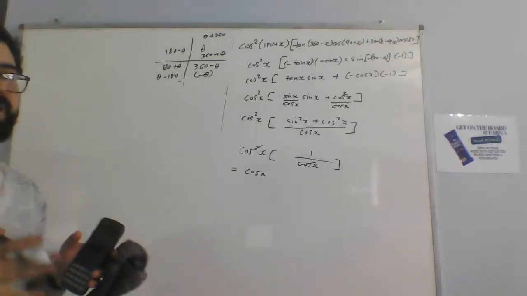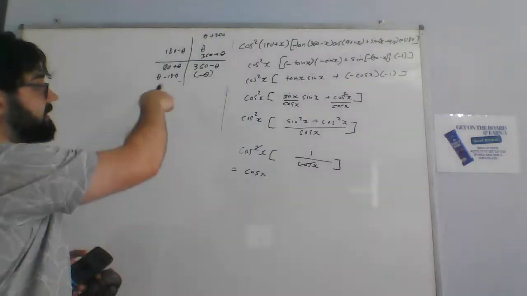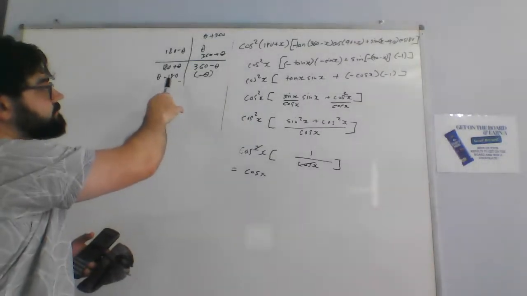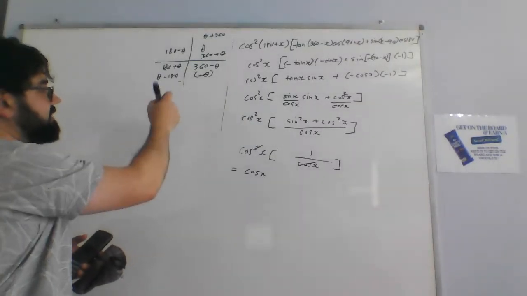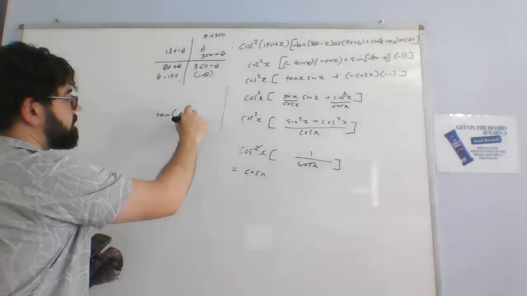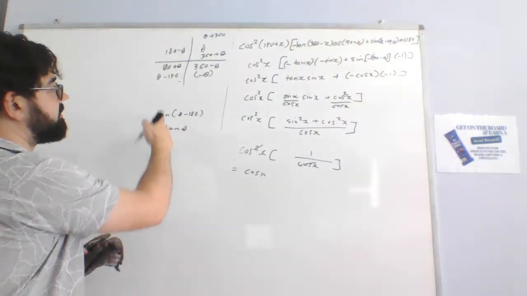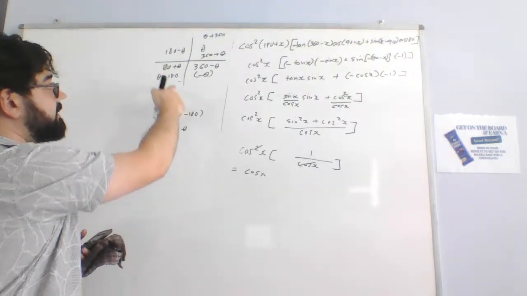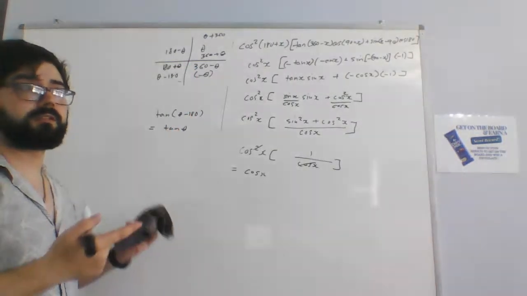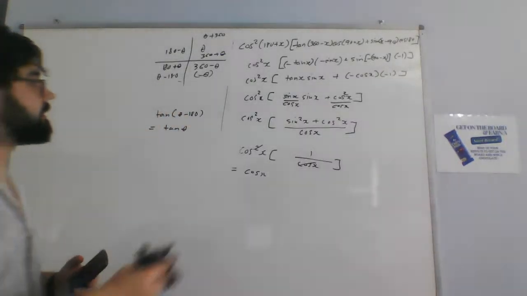So you don't have to show that simplification in grade 12. In grade 11, you do have to show that simplification. But in grade 12, whenever you see, for example, tan of theta minus 180, it's going to just be tan theta. But cos and sine of theta minus 180, well, they'll be negative, because only tan is positive in quadrant 3. Okay.